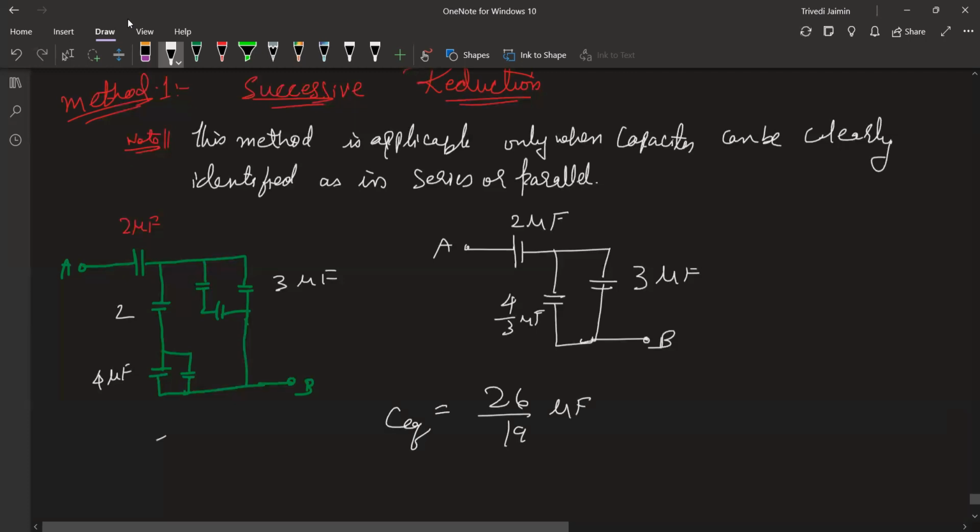C equivalent. This will be 13 by 3 microfarad.